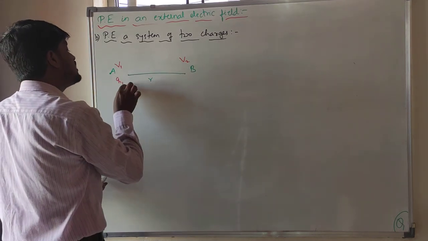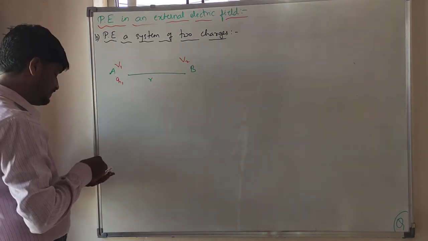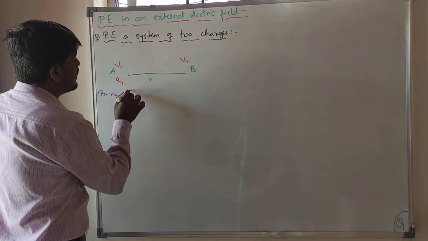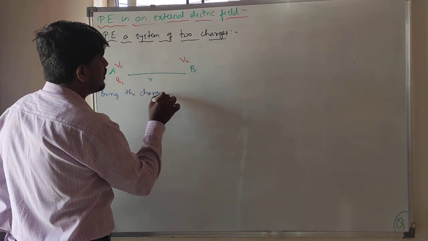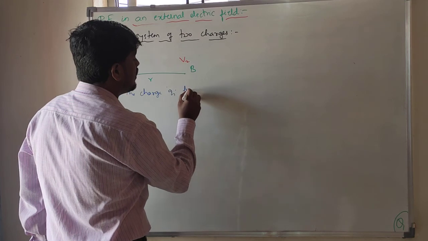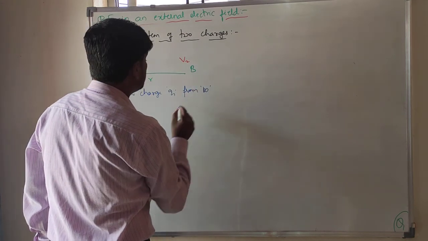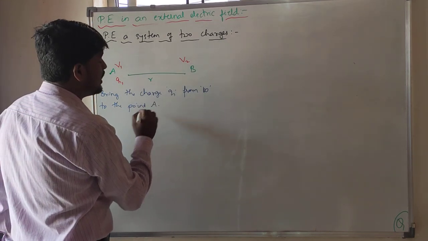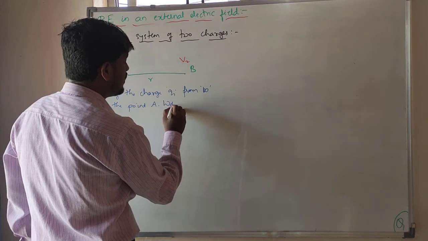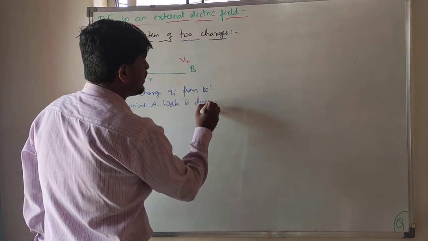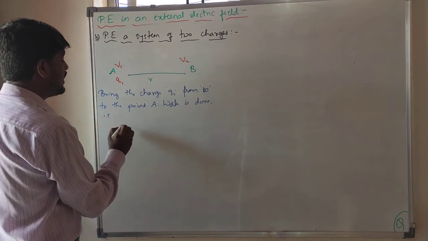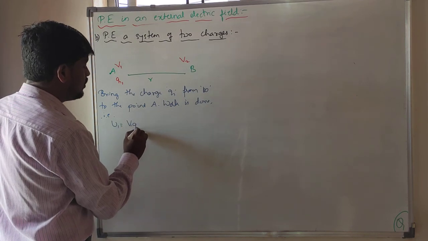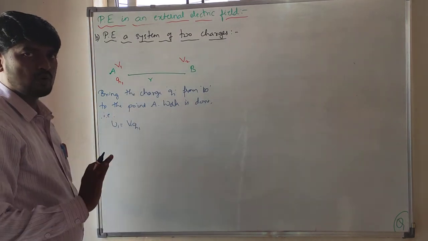Work is done. The energy stored in the charge Q1 is given by U1 is equal to V1 into Q1. That's it. Over. No problem.